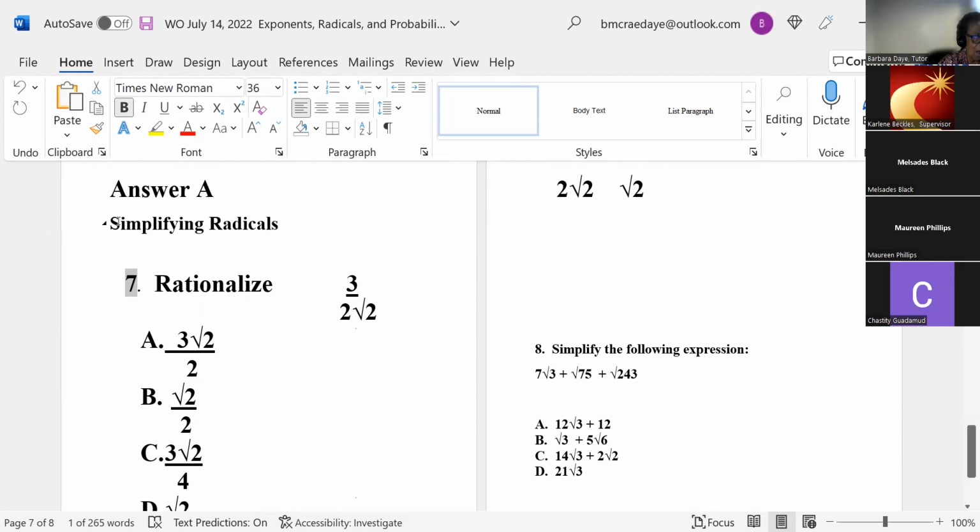No, I only have 7 here, Maureen. Yeah, but my phone gives me 2 numbers, 2 sevens. Mercedes, did you have 2 sevens? Let me look at my copy here. I don't think I had that. No, I printed it out, Maureen. I have simplifying radicals, then I have 7, and then rationalize.